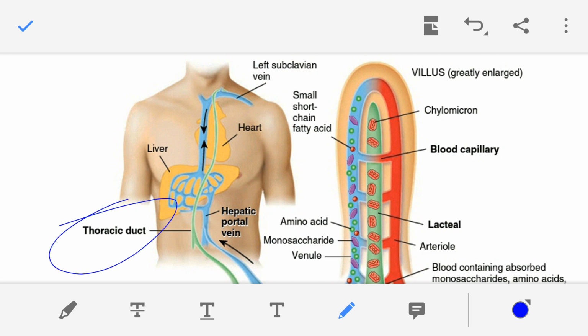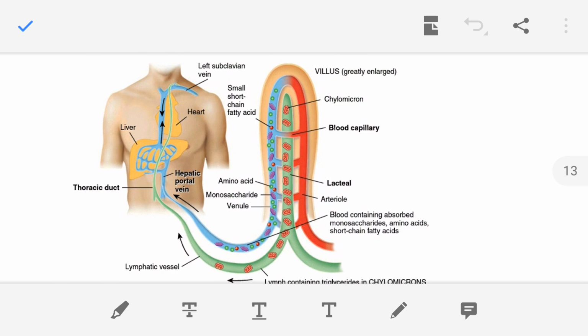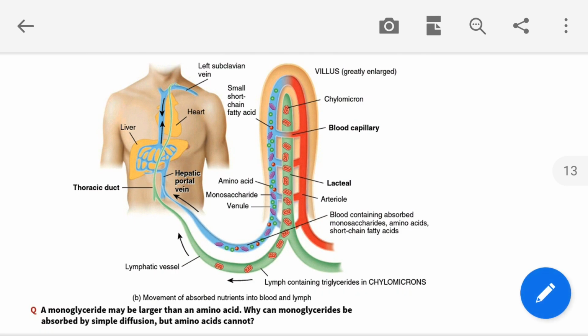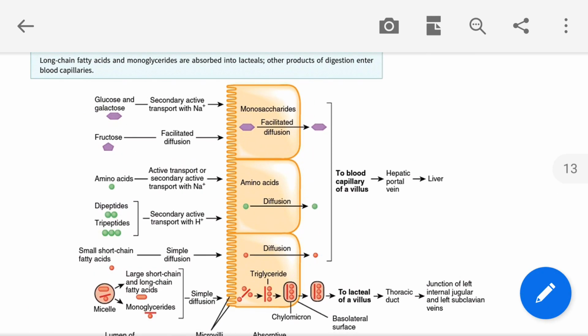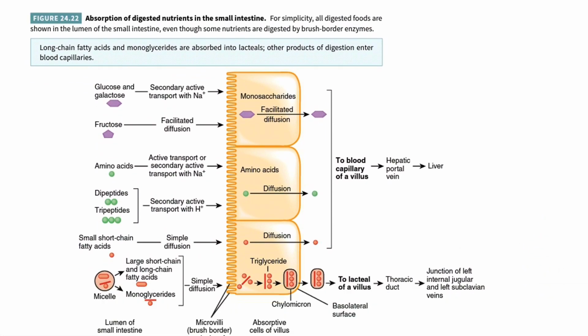The thoracic duct opens into the venous blood. So the lymph comes into the venous blood, and this is how the chylomicron enters into the blood circulation. So this figure is the concept map for the entire digestion and absorption process.